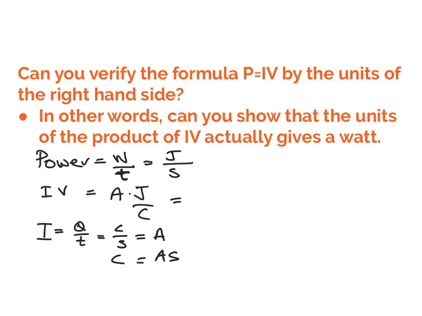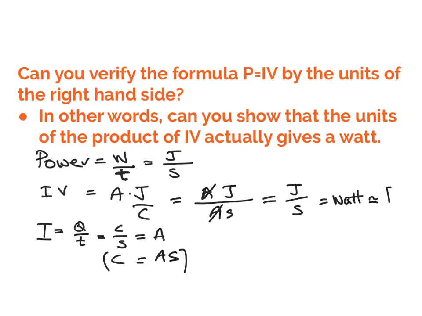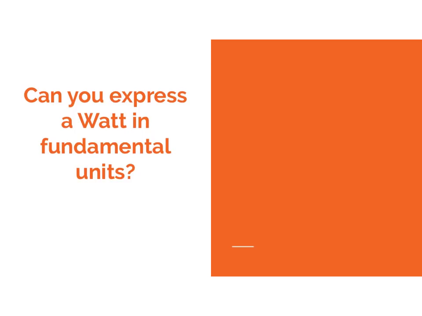Following on from this derivation, we substitute for this, and what we get is amperes times joules over coulombs, which is amperes times joules over ampere seconds. The amperes cancel out, and we are left with joules per second, which we know is a watt, which is power. So this is a good example of how we can use units to verify that the formula is actually correct.